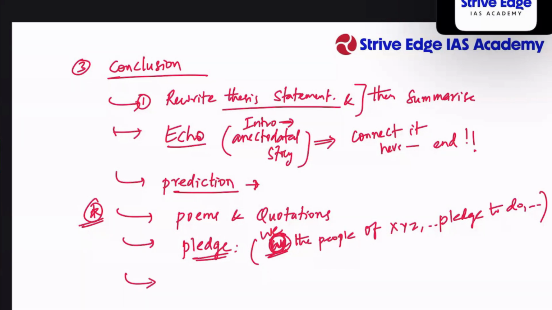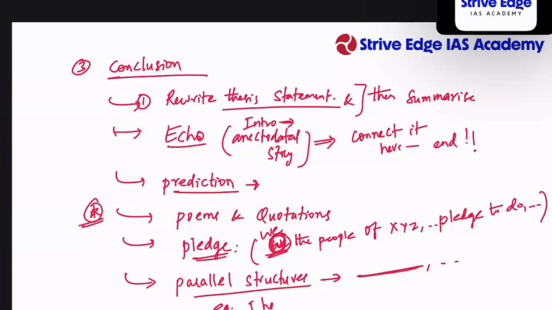Next one is you will be providing some parallel structures. So what are these parallel structures in simple words? You take one sentence and you go on filling it in. For example, "I have a dream that one day this nation will rise."